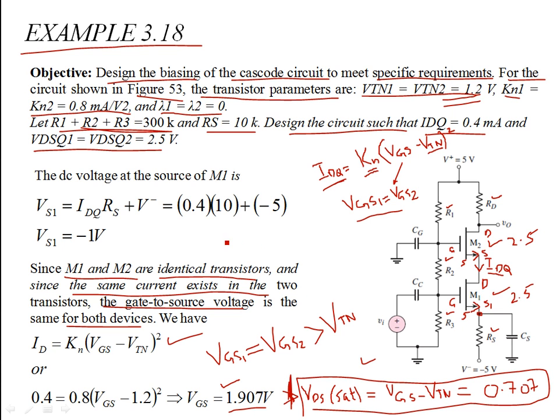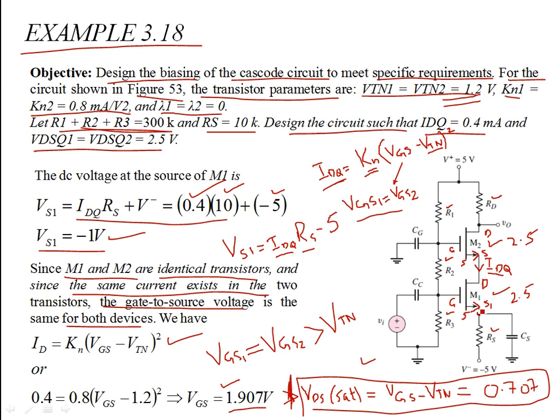This should be equal to IDQ multiplied by the source resistance RS, minus 5 volts, the negative supply. IDQ is 0.4 milliamps, RS is 10 kilo ohms, so then we have minus 5. Add this up, and you're left with VS1 as minus 1 volt.